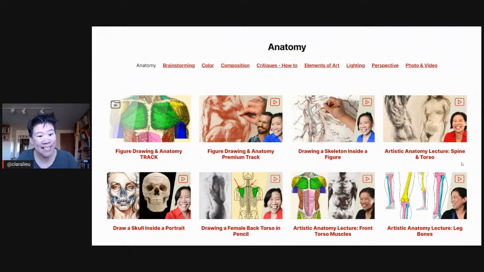There's also a big anatomy section on artprof.org that I'm really proud of. So please use it because I'm going to cry if nobody uses it. Basically, these are pages on our website, every single anatomy lecture. And what it does is it pairs the anatomy lecture with the draw along. So you can apply the figure drawing to the anatomical knowledge.